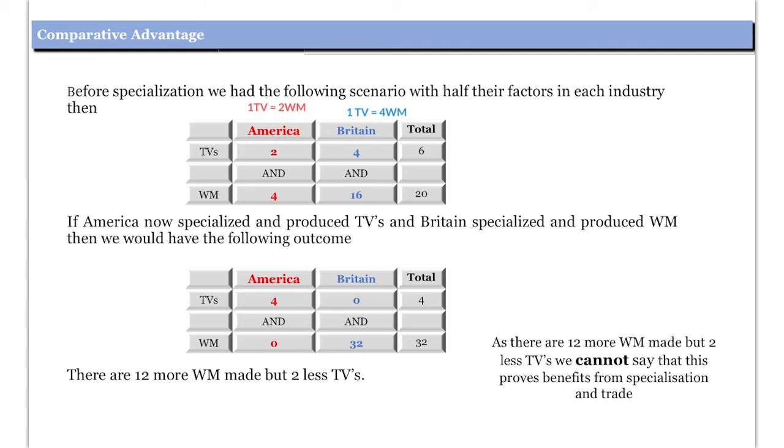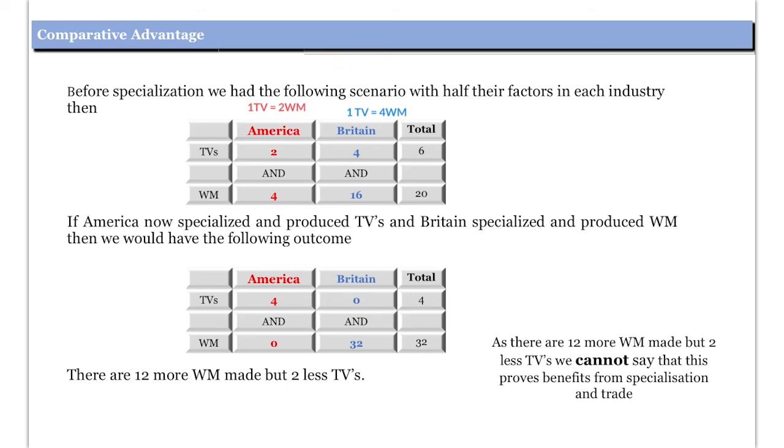So America, which is producing its televisions, is going to want to get, if it's benefiting from trade, more than 2 washing machines from Britain. So it's going to want to get 3 washing machines, or 4, or 5, or 6. But Britain can give up 4 washing machines to get a television internally by just switching the factors of production. So they are not going to trade unless the ratio was somewhere between the 2 and the 4.